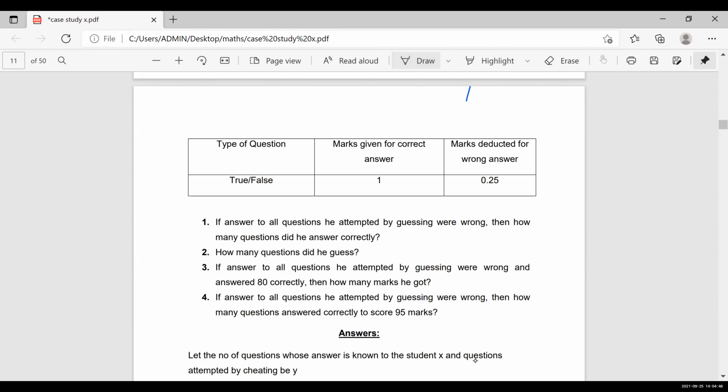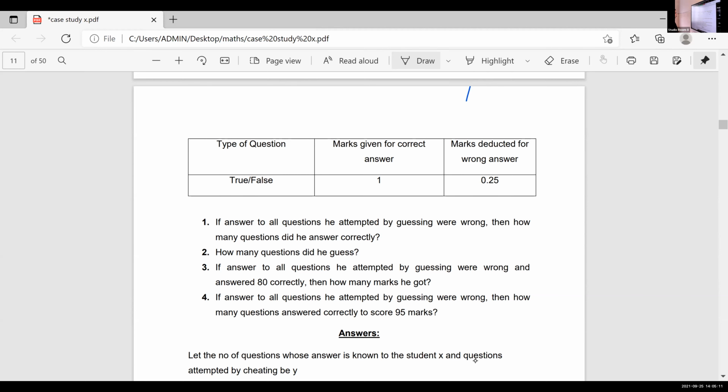Number of correct answers, x, isn't it? Number of correct answers is x. How many questions did he guess? Because all the guessing answers went wrong, that is same as number of wrong answers, y.